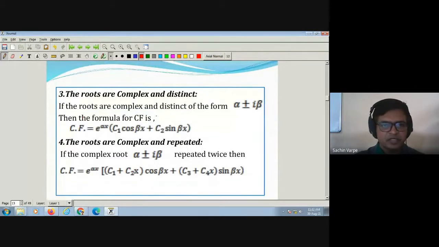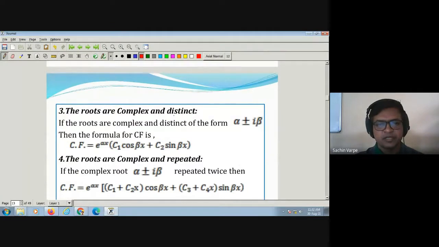Next, if the roots are imaginary, complex and distinct, then as we know, the complex roots are of the form alpha plus i beta, where alpha is the real part and beta is the imaginary part.